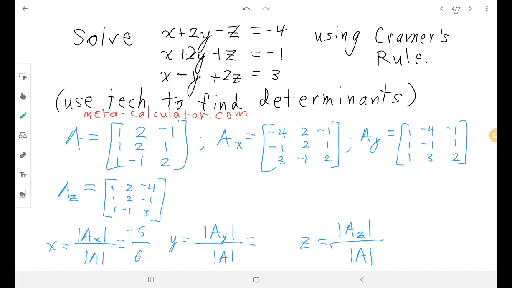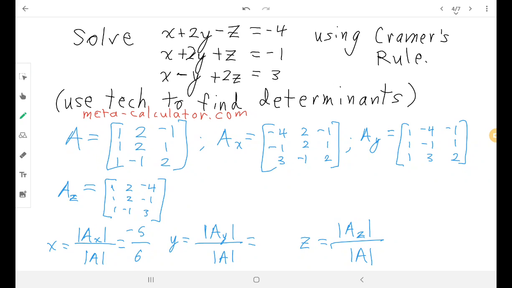And then I have to change to matrix A sub y. So I'm going to change matrix B. I'll keep matrix A as it is, and just change matrix B to be A sub y.